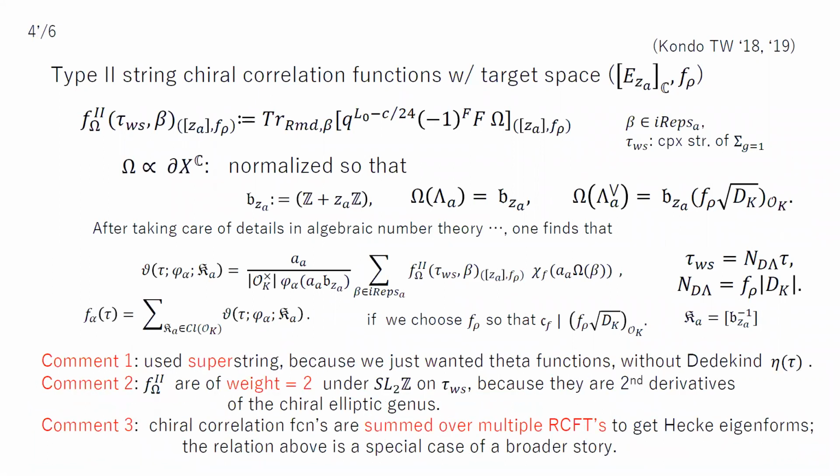Now, here are some comments and observations. First, we use type 2 string theory rather than bosonic string theory. This is motivated because we know that the Hecke theta functions do not involve the Dedekind eta, which originates from the excitation of the bosonic strings.